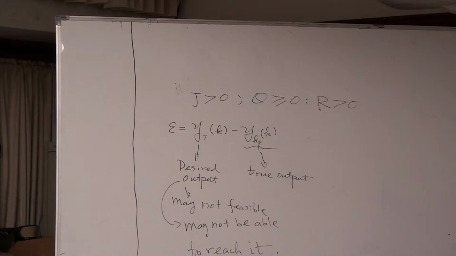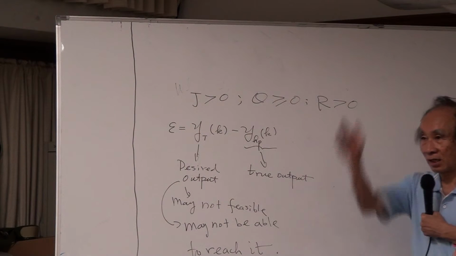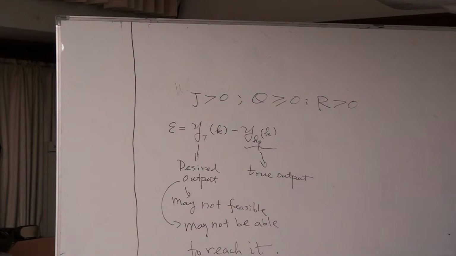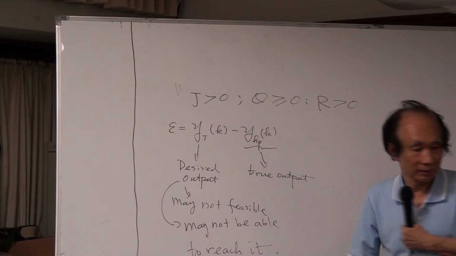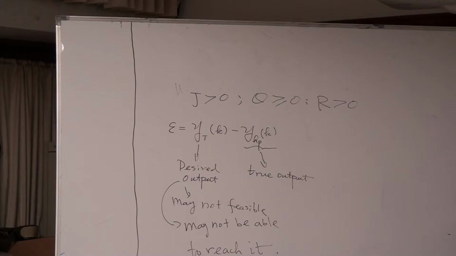Now here, because U hat PK is a long column, we retain only the first component, the first row of U K. That's my feedback input. So that will allow me to get these formulations.